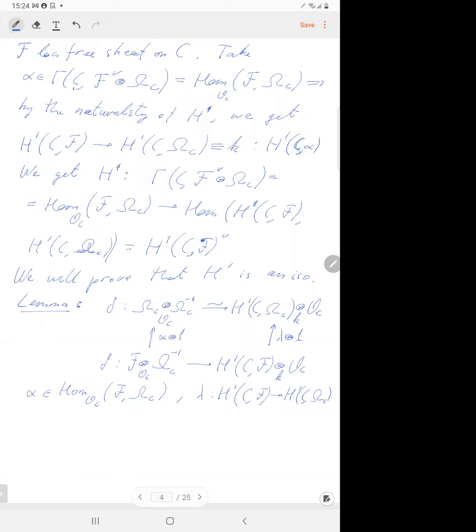And what is the claim? That if this diagram commutes, then for any alpha there is a unique lambda to make the diagram commutative, and conversely, for any lambda there is a unique alpha to make the diagram commutative.